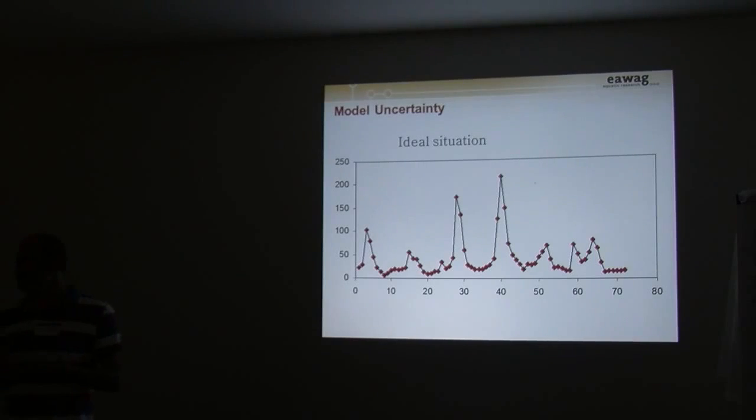The simplest way to sample is Monte Carlo, where you take random samples, say 1,000 random samples from these 10 parameters, and then you run your model 1,000 times. But there are more efficient methods than Monte Carlo. One of them is Latin hypercube, that is more efficient, and I'll show you how that works. You take a number of samples, say 500, 1,000 samples, and then you run your model that many times.